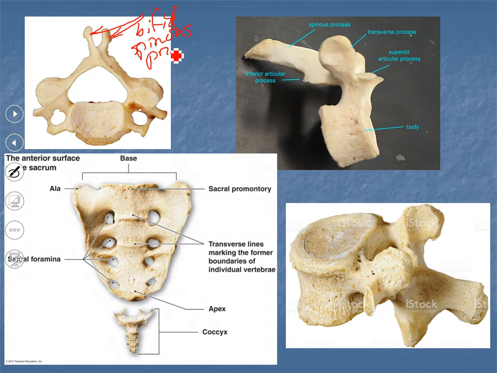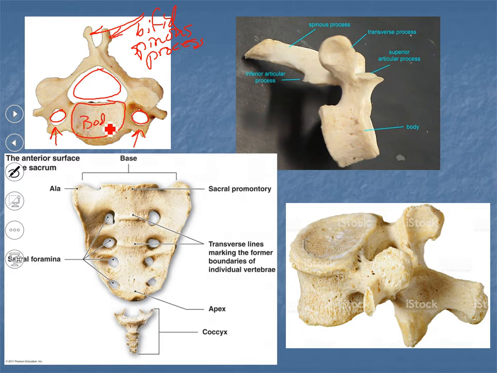And I apologize for the handwriting, but that's the best I can do on the smartboard. So the bifid spinous process on the cervical, that's a clue. The other big clue is this large vertebral foramen, the transverse foramen there. This is the transverse process, kind of the sides, and of course this is the body.